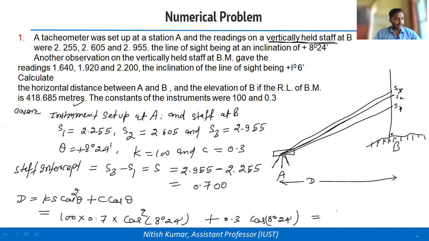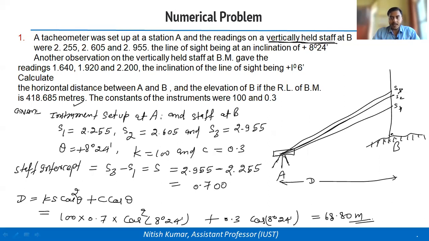Finally, by solving, you will get the value 68.80 meter. So one part, the horizontal distance between A to B, we have calculated as 68.80. Now we have to calculate the elevation of B if the RL of the benchmark is given.